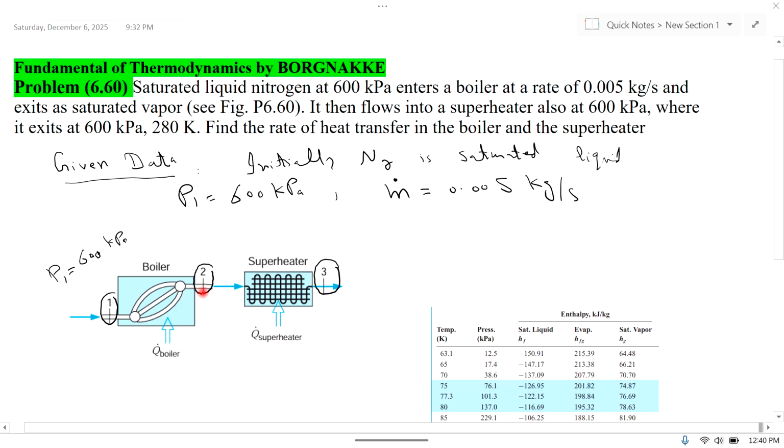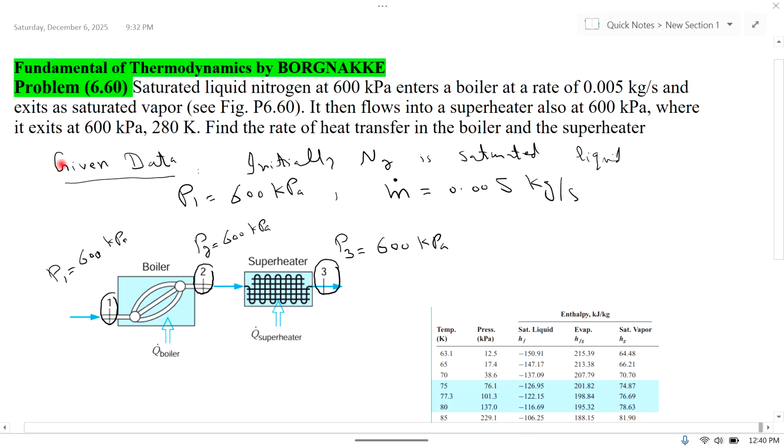Stage number 2 is the exit of the boiler and entrance of the superheater, here pressure is 600 kilopascal. And stage 3 is the exit of the superheater, so here also pressure is 600 kilopascal. It means that pressure is constant in all states.